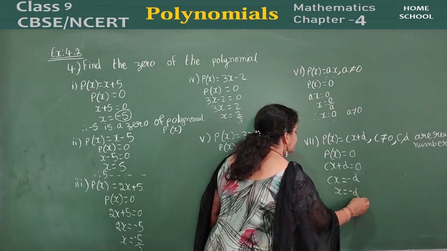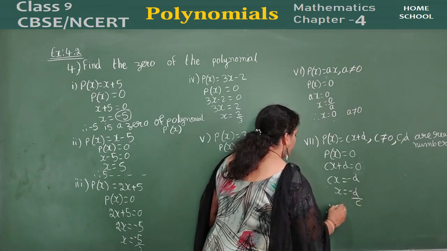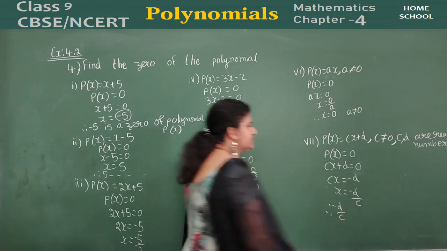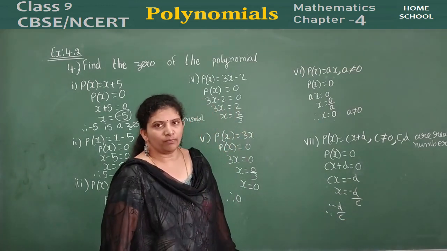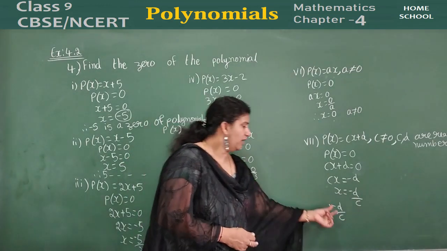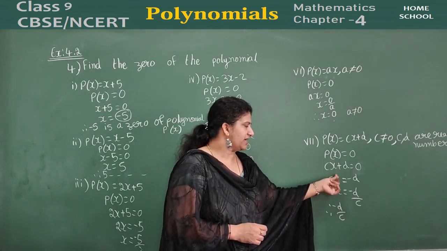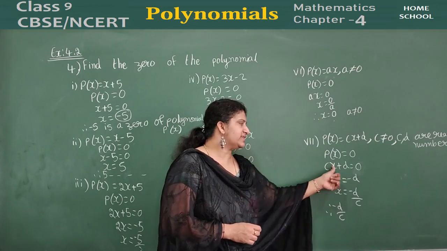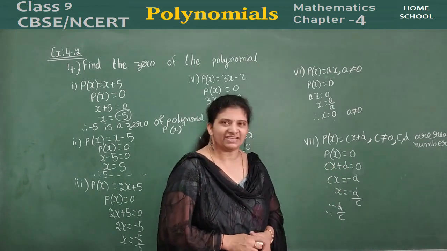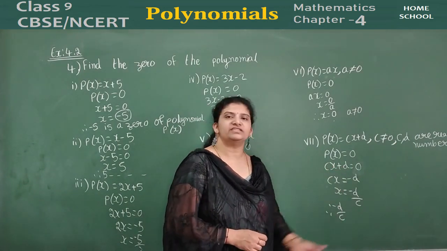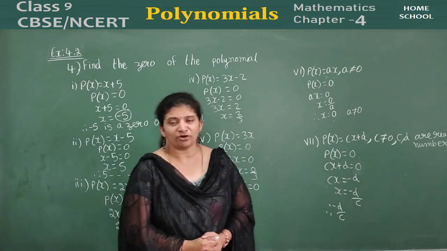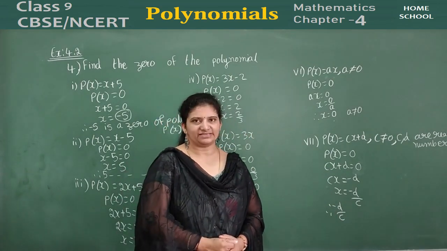If it goes that side, divide. Therefore, minus d by c is a zero of the polynomial. Let's check this one. Here, minus d by c. c will be cancelled. Minus d plus d will be cancelled. We get 0. Therefore, minus d by c is a zero of the polynomial P of x.